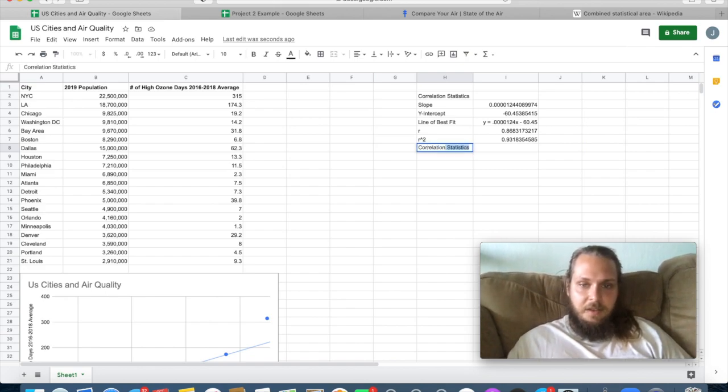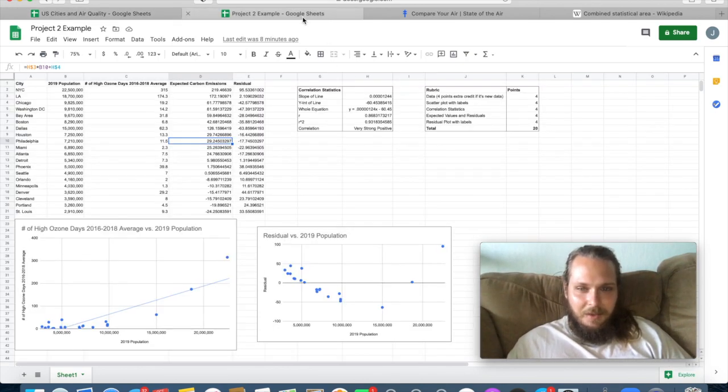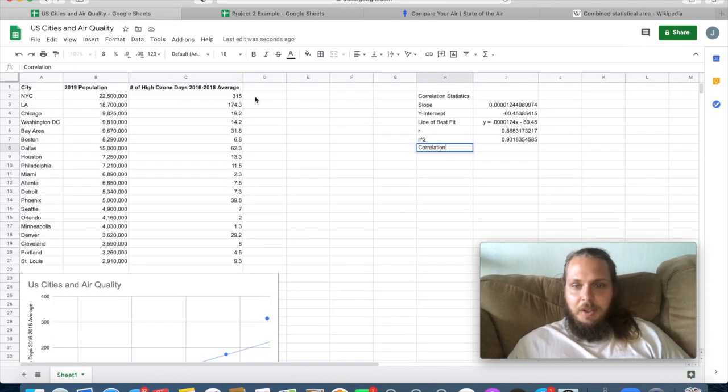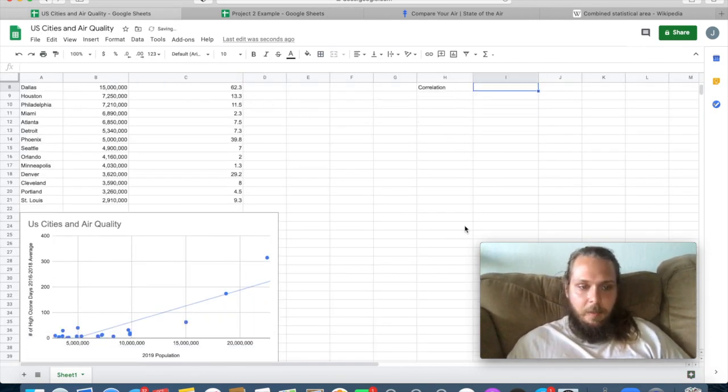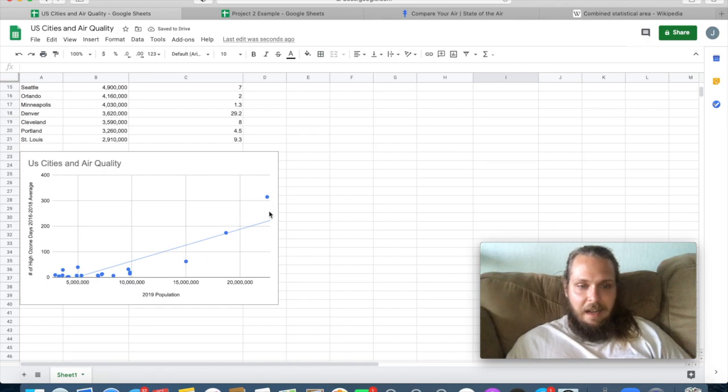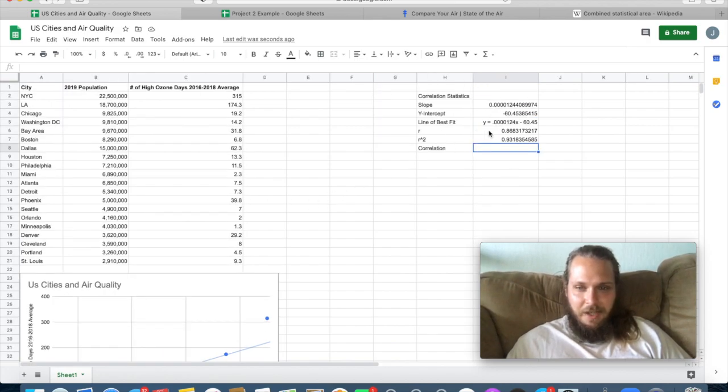And let's just, what did I say on my project? Let's just put it in words. If we're looking at my scatter plot, it actually doesn't look nearly as strong as R suggests, but that's fine with me. And I'm going to describe it as very strong positive.